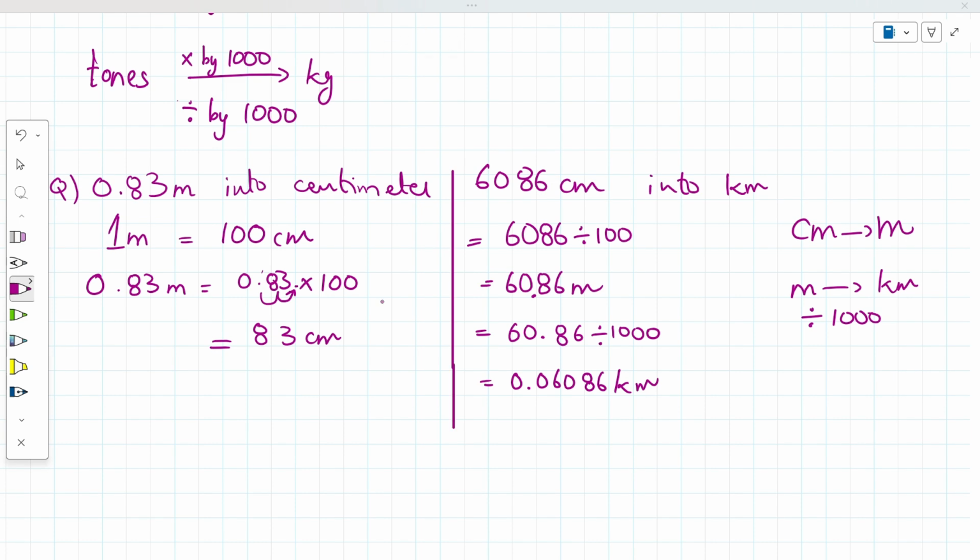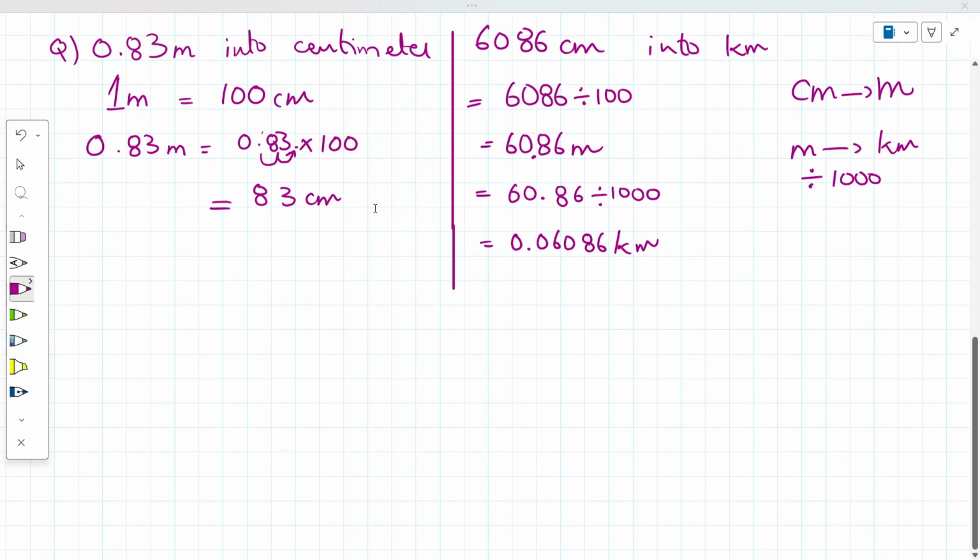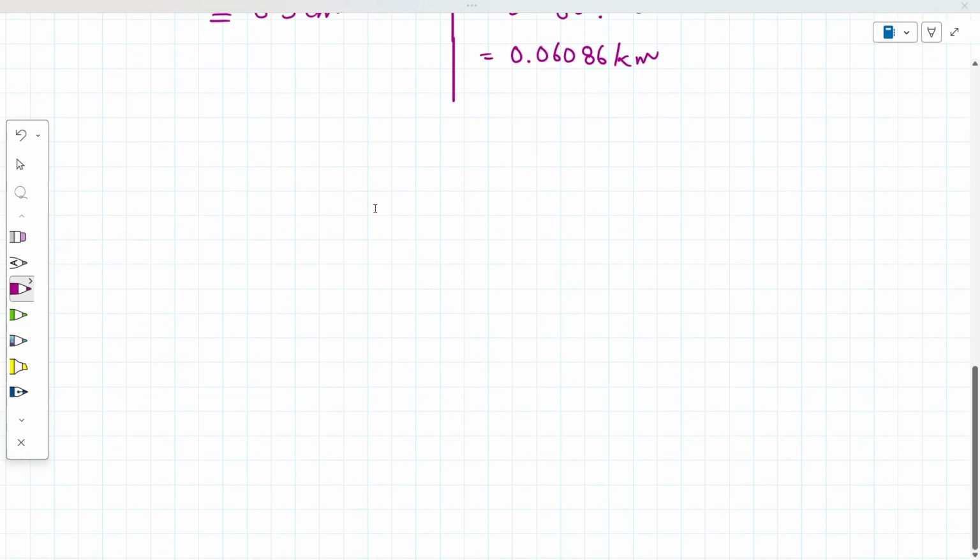Now we are solving some other problems. The next problem is for mass. The example is 3.25 tons into kilogram, kg.